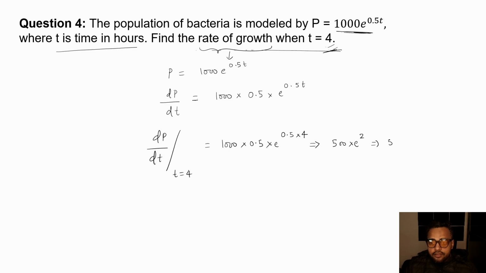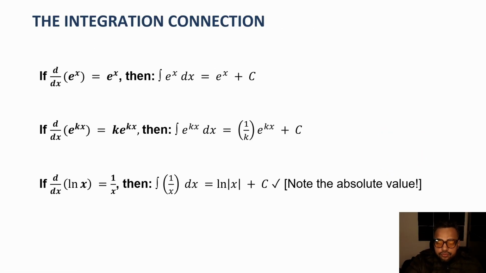So this is the final solution, student: after 4 hours the rate will be 500 e square. You can leave the solution here. This will be the correct solution. Okay, 500 e square.